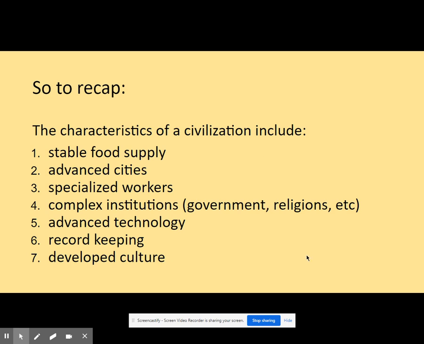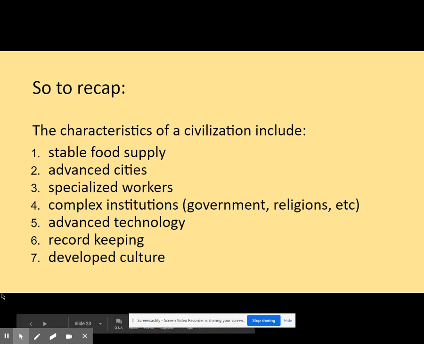We're going to see advancements in technology, so new creations to help life be better; a way to keep records to know what's going on within the cities; and developed cultures that allow enjoyment out of life and not just things for work. So, all of these things go into creating the idea of a civilization. And we can check all of these to make sure that an area is a civilization.